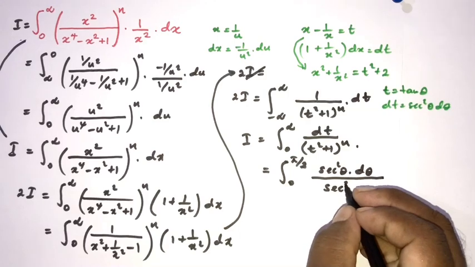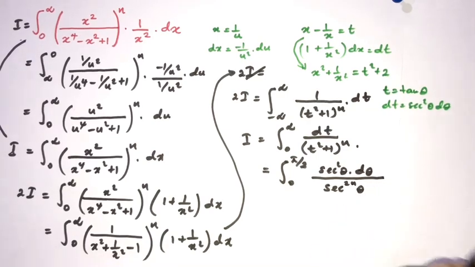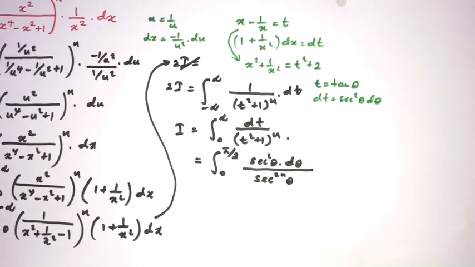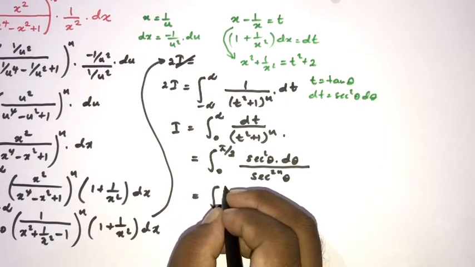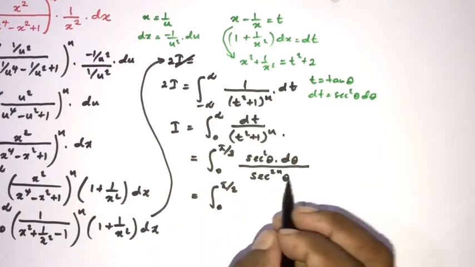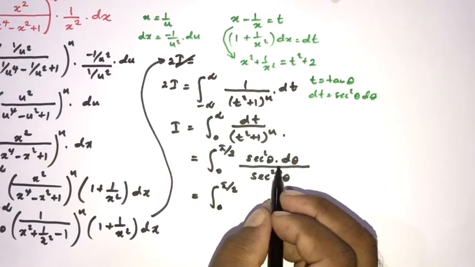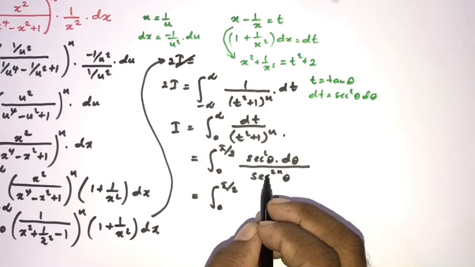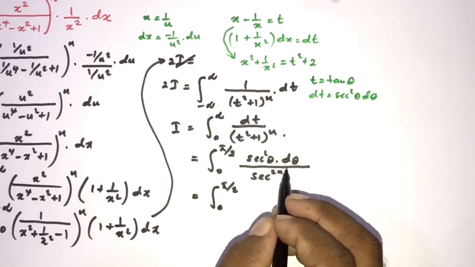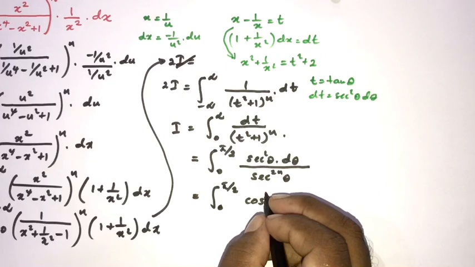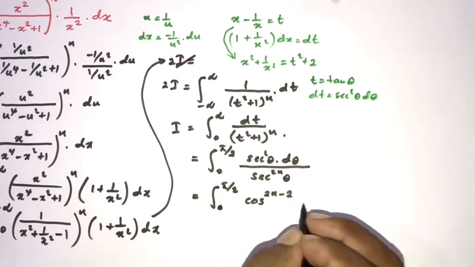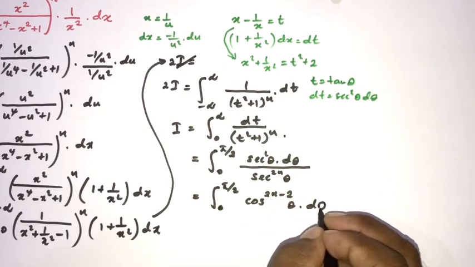of theta raised to the 2n power. Then we can simplify this. Now here 0 to pi over 2, we know this is equal to cosine, 1 over secant, cosine to the 2n of theta, and here secant squared of theta, so we can write cosine raised to the 2n minus 2 of theta d theta.